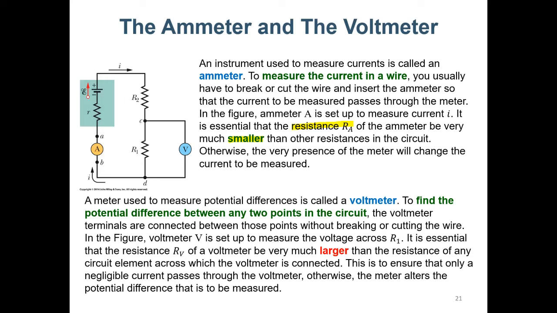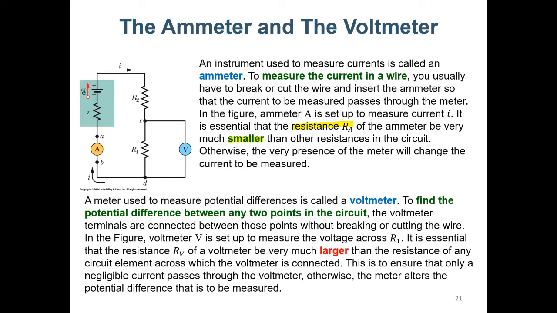If A has a large resistance, it will influence the current of the circuit. Originally you want to measure the current, but when you put it in series with the circuit, you eventually influence the current, and this is not so good. So the point here is that the resistance of the current meter should be much smaller than other resistance in the circuit.